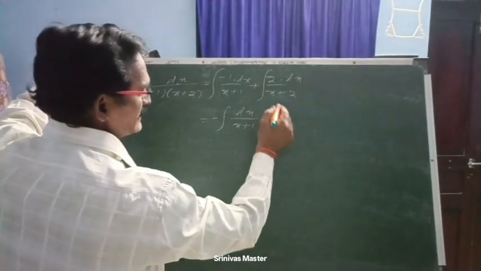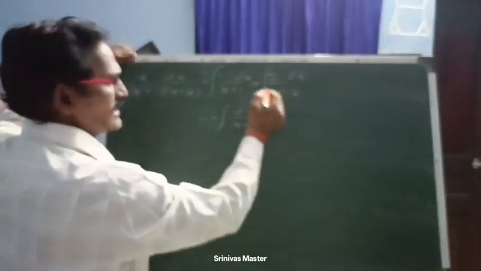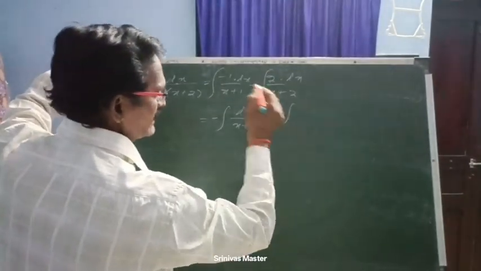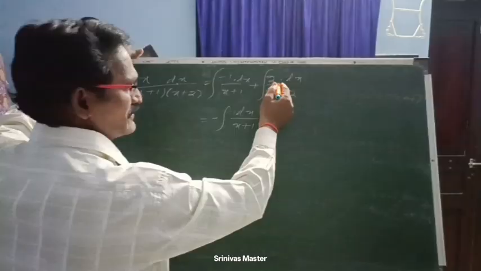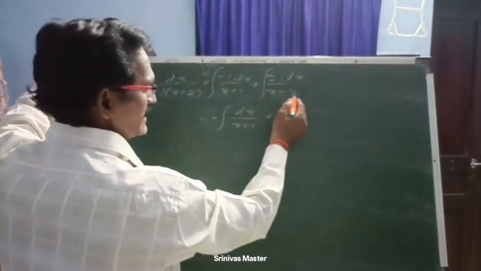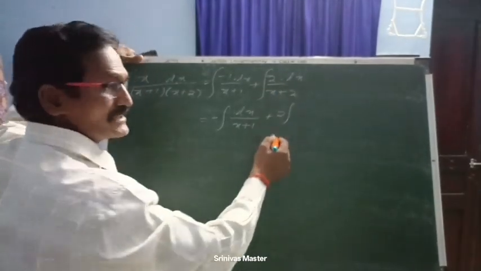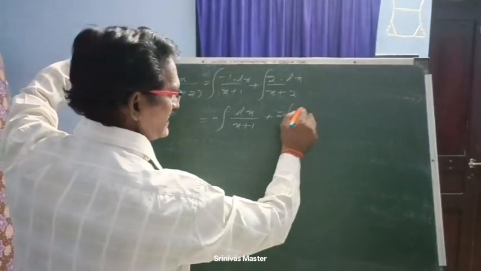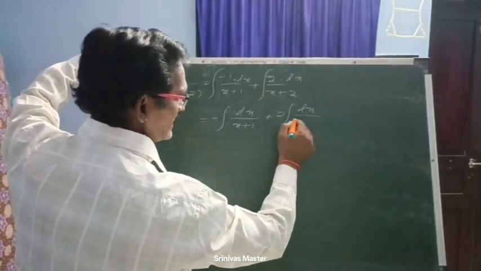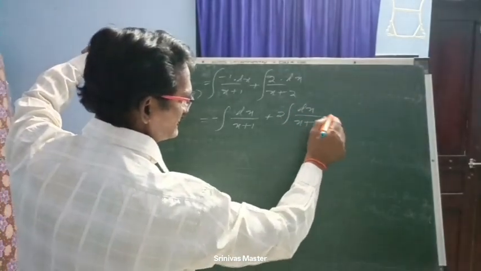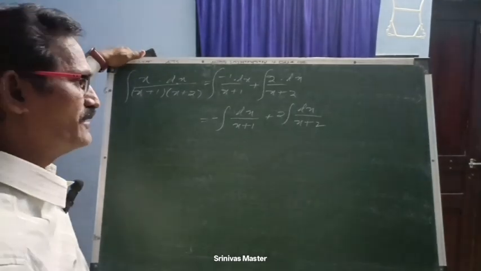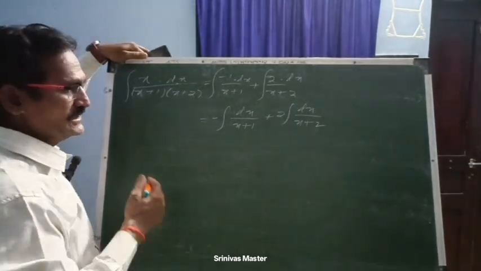Plus, this is a numerical now, children. The numerical you can take outside of this integration. That means integrate 2 dx by x plus 2 can be written as 2 integrate dx by x plus 2. Here one formula is there with respect to integration.